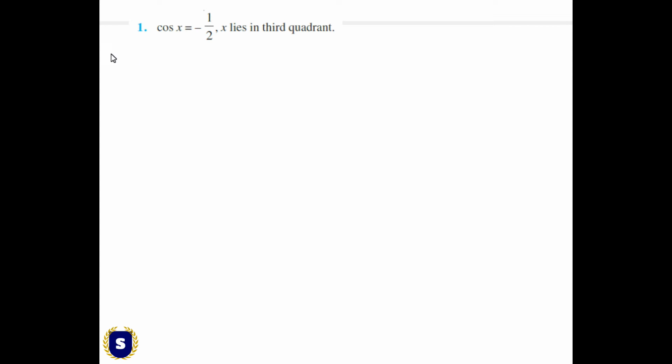So here we are given the value of cos x as minus 1 by 2, and we are given that x lies in the third quadrant. Okay, so we know that out of all the four quadrants, in the first quadrant all the trigonometric ratios are positive, whereas in the second quadrant only sine and cosec functions are positive.